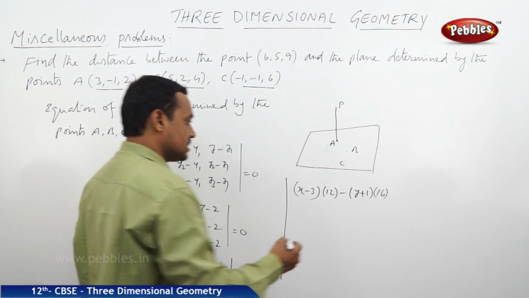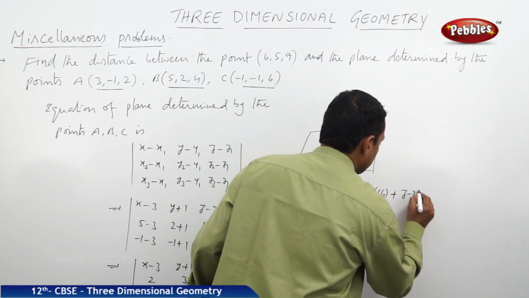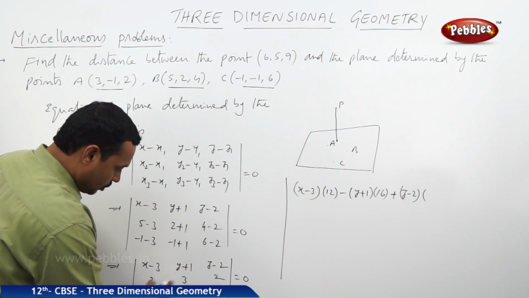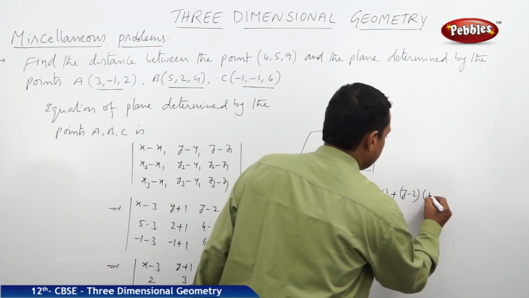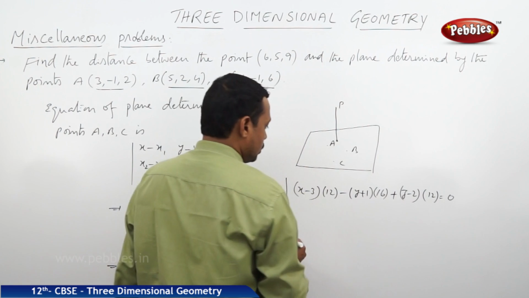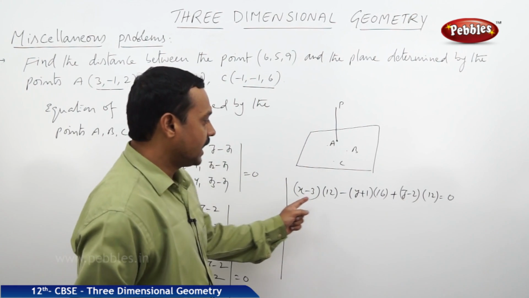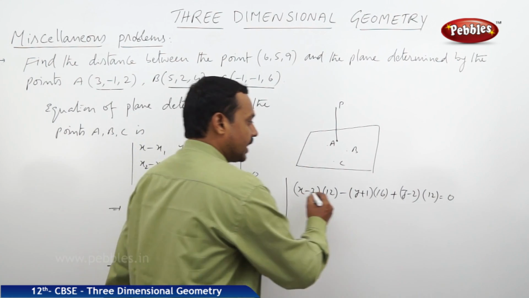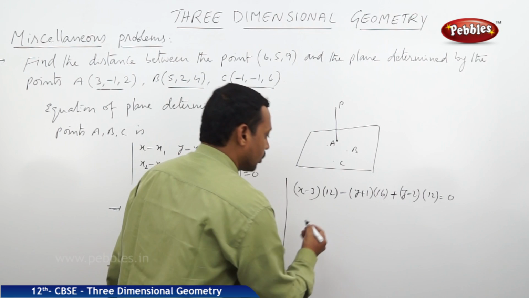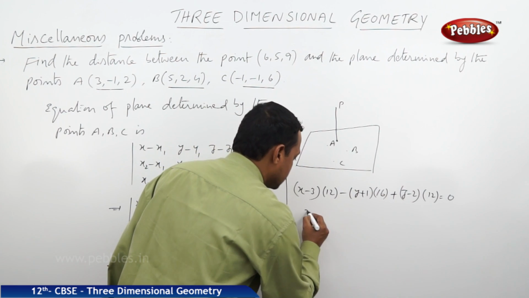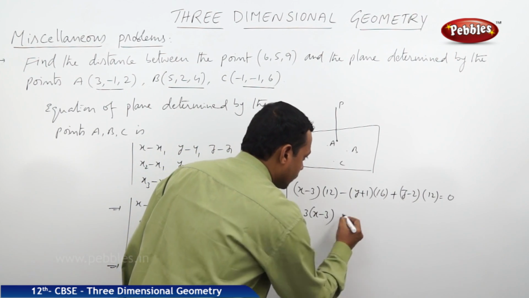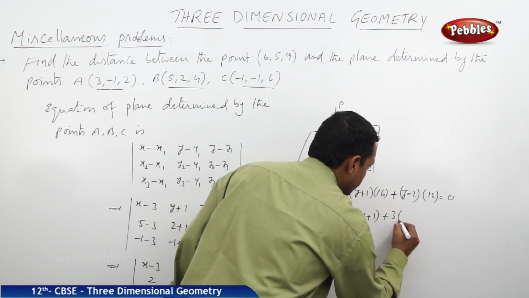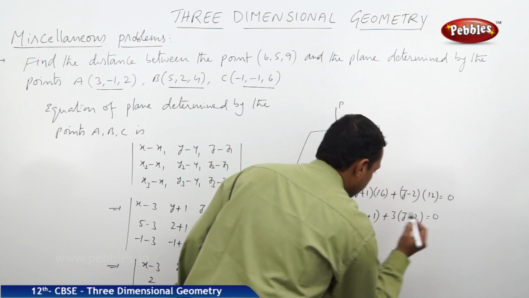Okay, next, plus z minus 2 into 0 plus 12, that is 12, is equal to 0. Here you know clearly 4 is common and cancels. So we can divide this entire equation by 4. So after dividing by 4, it is 3 times x minus 3, minus 4 times y plus 1, and plus 3 into z minus 2 is equal to 0.